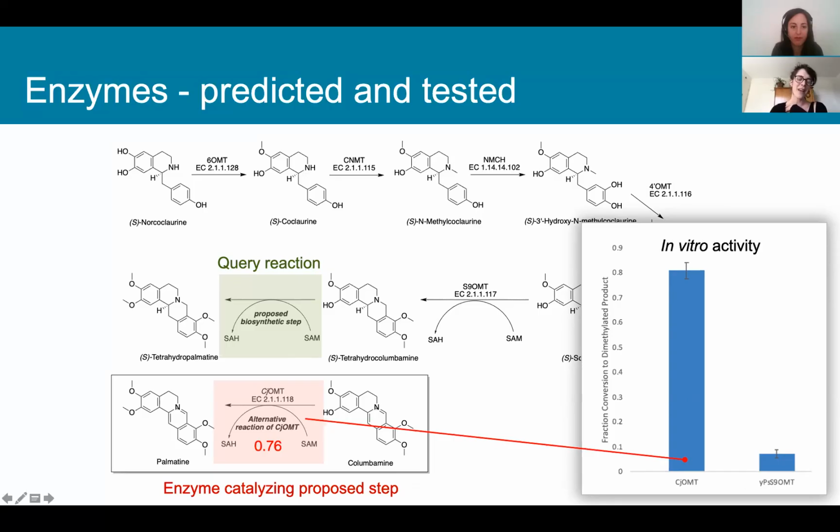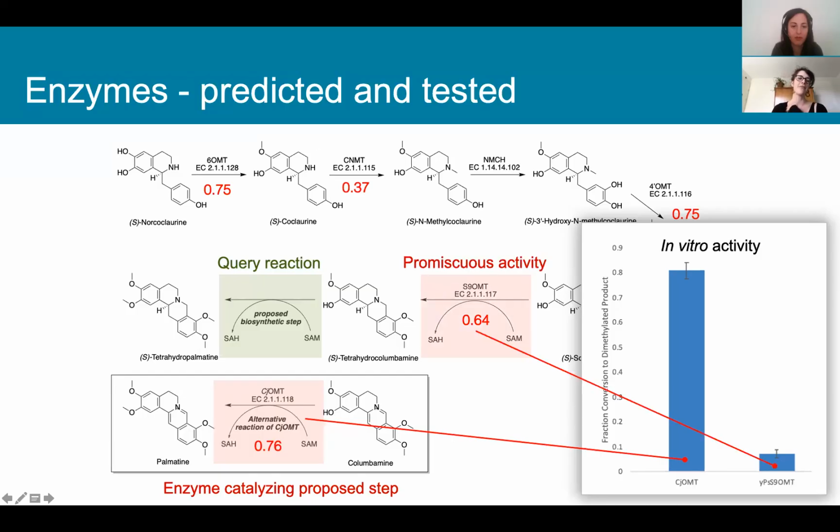Now, however, when we didn't put the enzyme, we also observed that there was still production of tetrahydropalmitin. And the thing is that in the pathway before, we have a lot of O-methyl transferases, and we suspected that probably one of them can also catalyze this reaction, but this hasn't been observed yet.